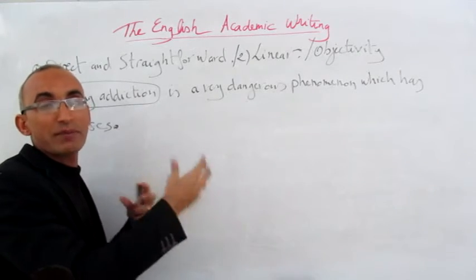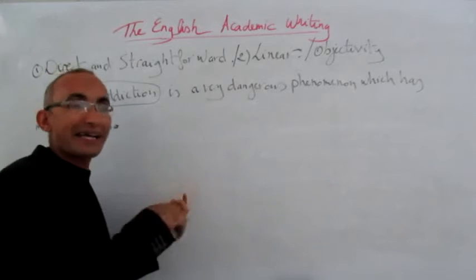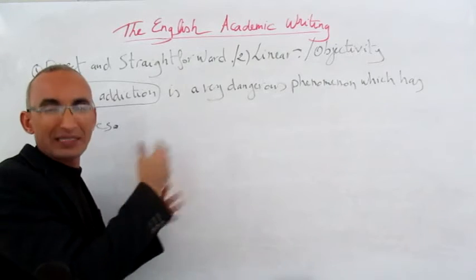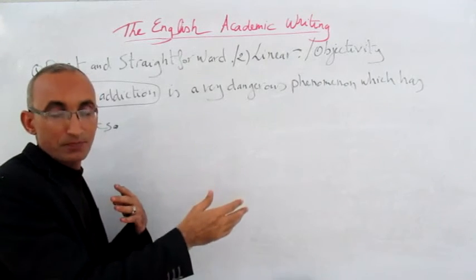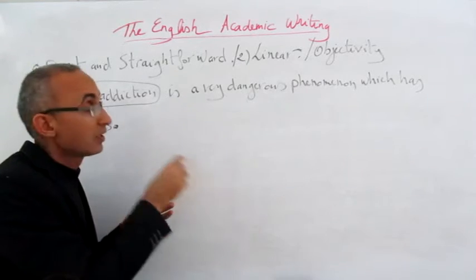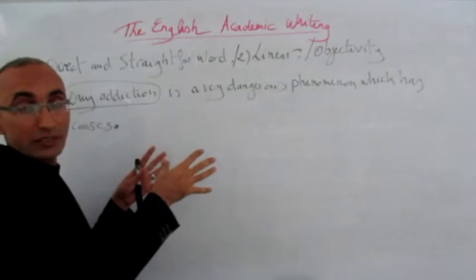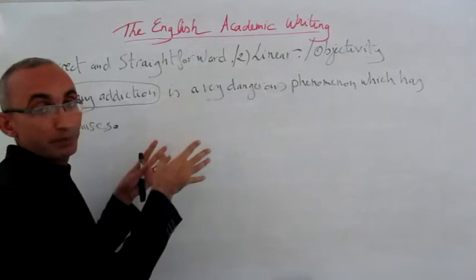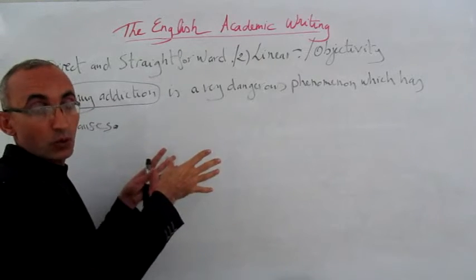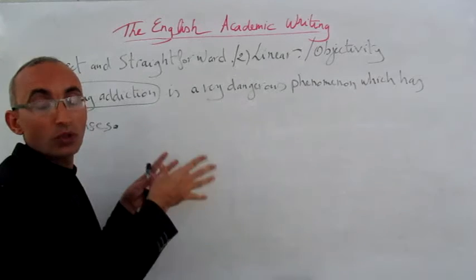No need each time to insert, especially the personal pronouns I and we, very frequently or very often. This is going to scratch the objectivity of the paragraph, and also you have to develop this topic of yours in the paragraph using facts, not opinions.